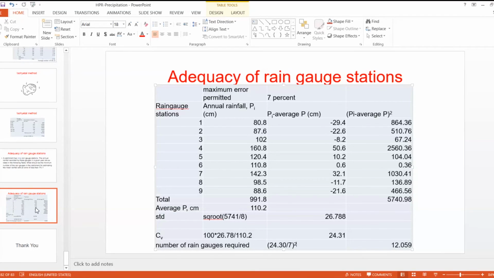So it needs more number of rain gauge stations. And suppose some city which is sparsely populated and doesn't have important buildings or factories, then we can go for a lesser number of rain gauge stations.